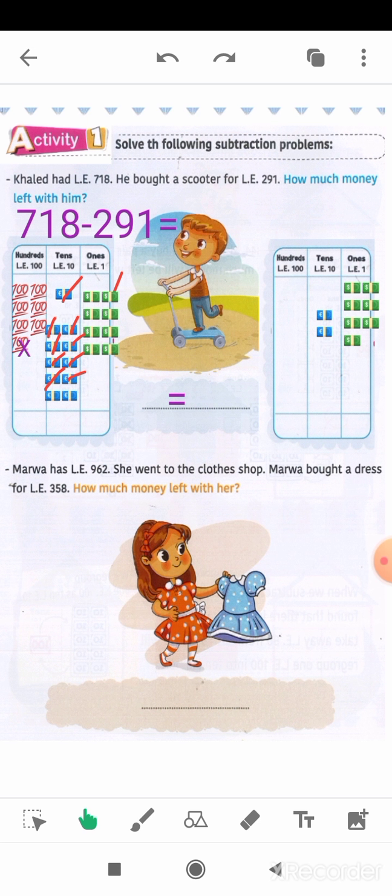From the hundreds I take 2, so 1, 2, and the rest will be 4. My result will be 425.